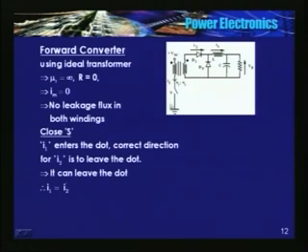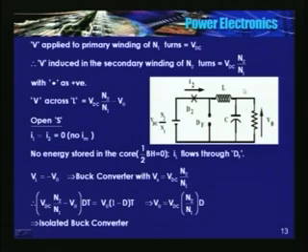So when the switch is on, the equivalent circuit of the secondary looks something like this. Don't you think it's a very familiar circuit? This is nothing but a buck converter with the input voltage VDC replaced by VDC into N2 divided by N1.